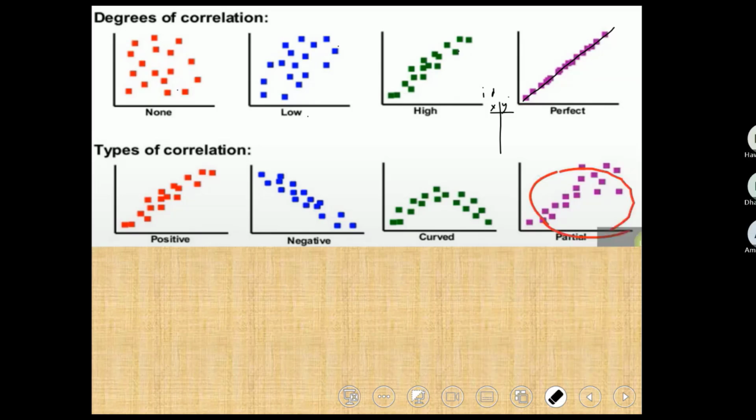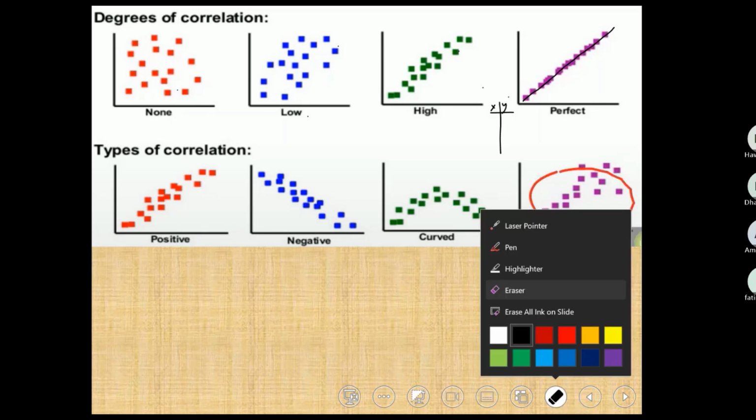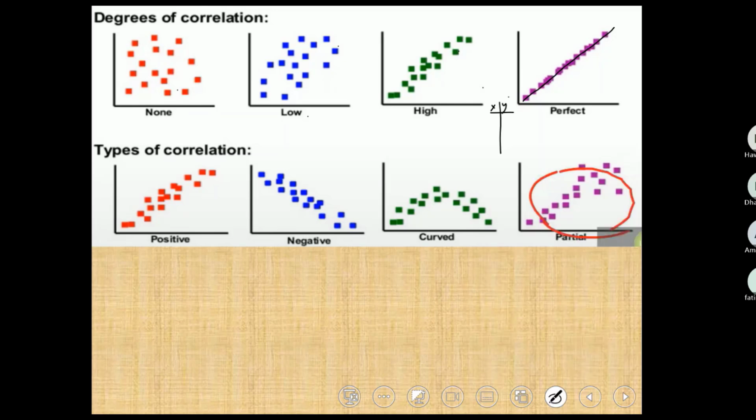passing through all the values of x and y, the independent and the dependent, right? Okay. So here, when you go up, you have a positive, right? When you go down, you have a negative. Sometimes you have non-linear, a curved one, right? And sometimes partially a line. Yeah, it's a very weak linear regression.